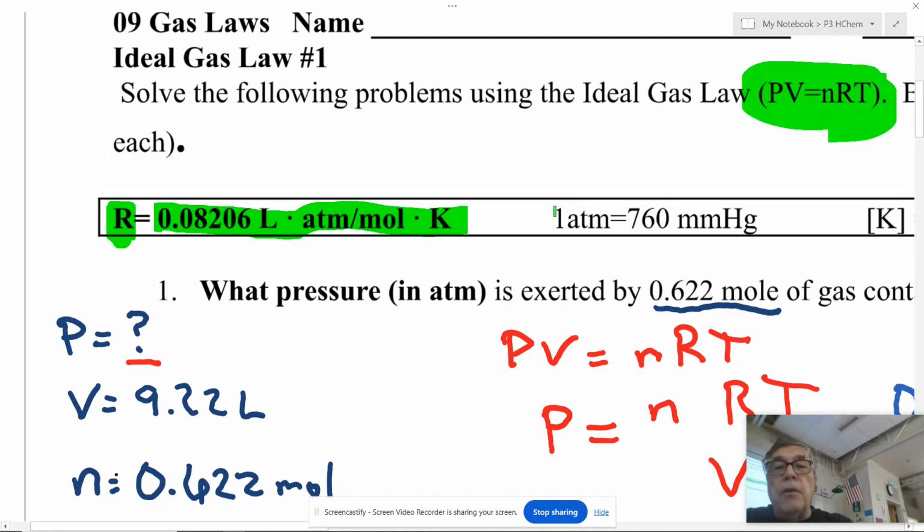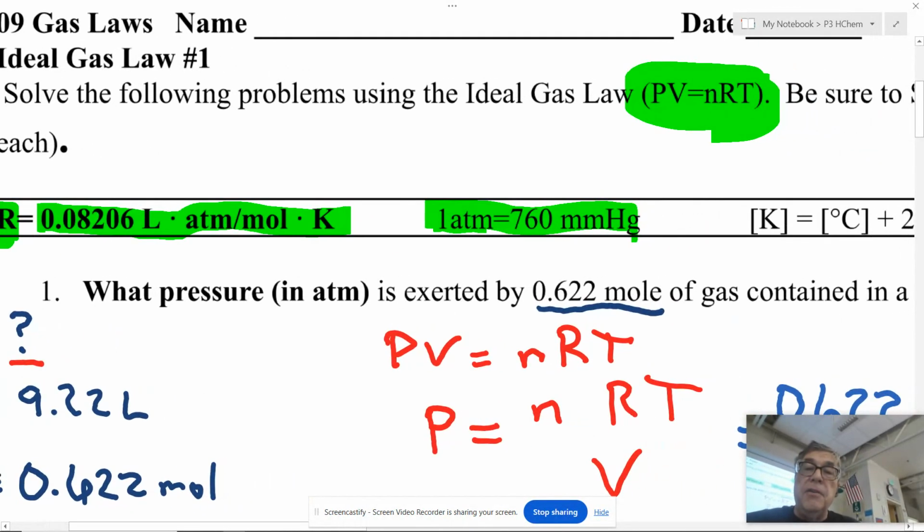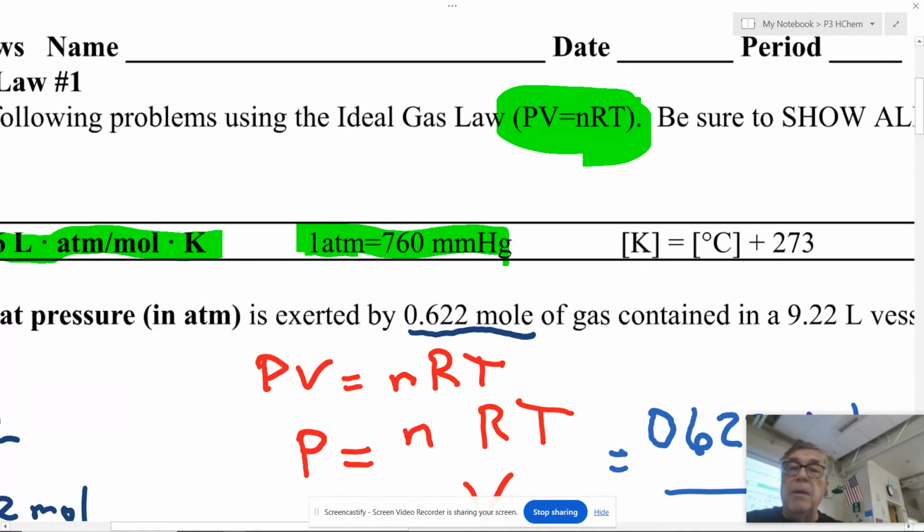If you need to convert from millimeters of mercury to atmospheres, there's the relationship. You've also got that in your notes from yesterday. Also, if you have degrees Celsius, you just need to add 273 to get Kelvin. Or if you have Kelvin, you just need to subtract 273 to get Celsius.